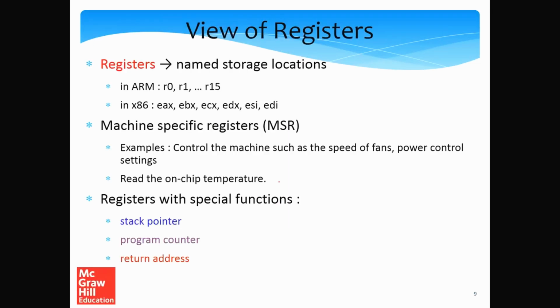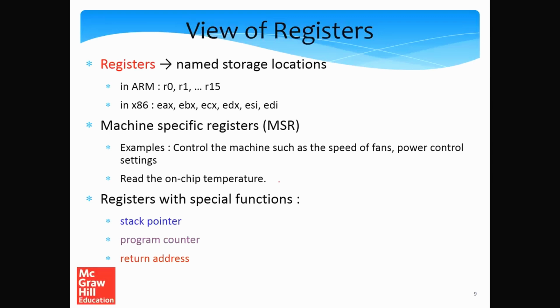The registers are named storage locations. In ARM assembly, they are called R0, R1 till R15. In x86 assembly, which the Intel and AMD family of processors use, the registers are typically referred to as EAX, EBX, ECX, EDX, ESI, and EDI. These are general purpose registers.